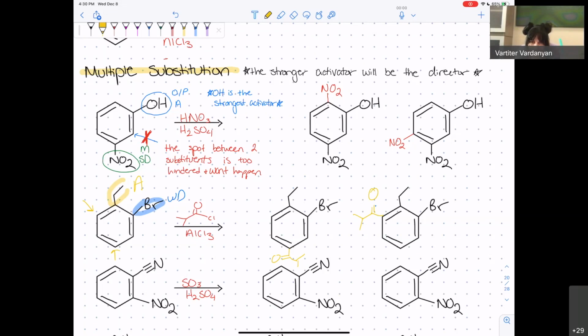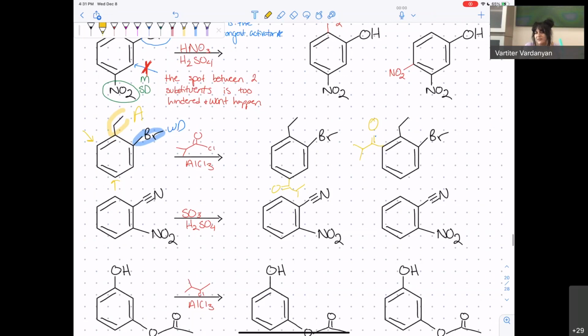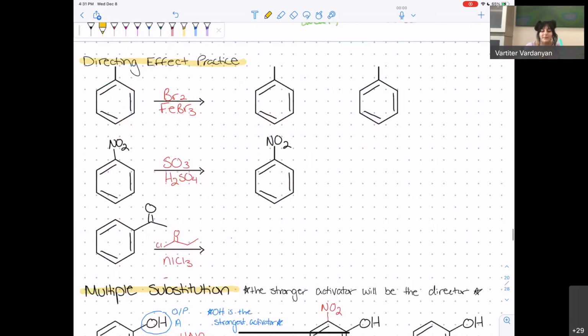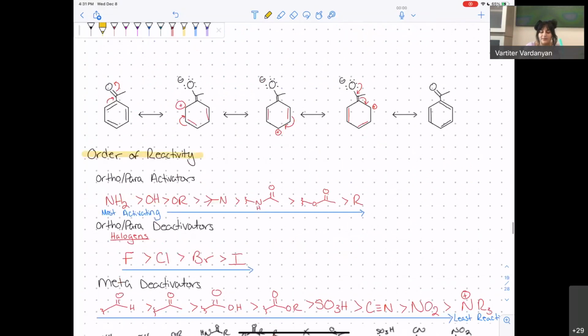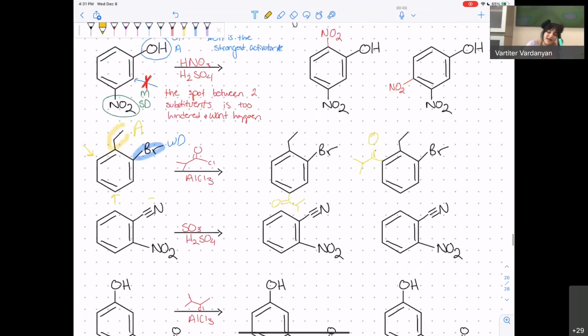All right, so for this third one, we're doing a sulfonation, and both of these guys are actually strong deactivators. So how do we pick which one is director? Well, if you look back at this list over here, we can see that CN comes before NO2, so it's technically less deactivating. So this guy becomes a deactivator, and we're going to do meta.